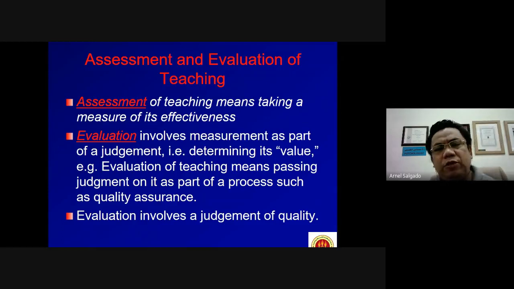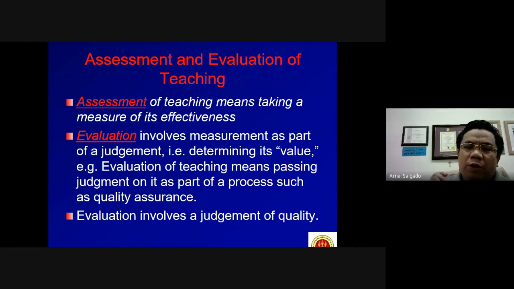While evaluation will involve the measurement as part of adjustment, determining the value, evaluation of teaching means passing judgment on it as part of a process such as quality assurance. The evaluation involves a judgment of quality. Always take note of this. Evaluation involves a judgment of quality because quality will reflect the value, the merit, the worth.